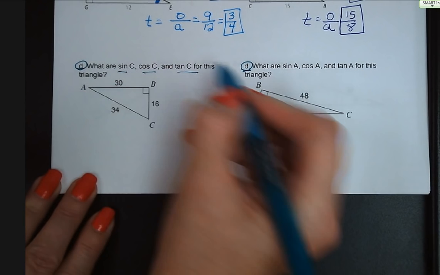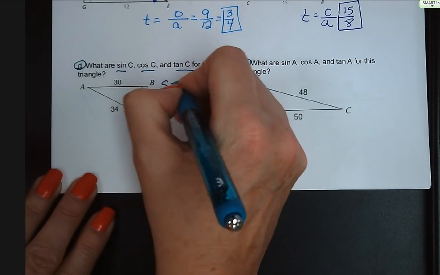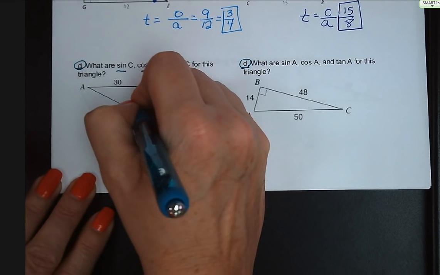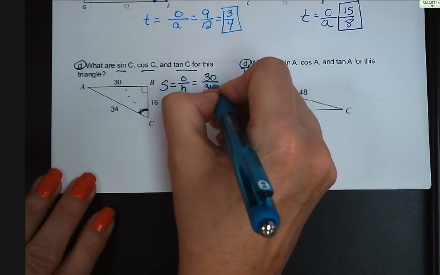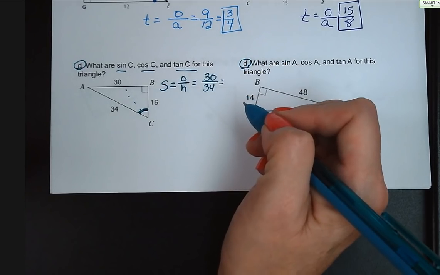So we're finding the sine, cosine, and tangent of angle C. Again, let's draw in which one is the angle we're dealing with. It's the bottom angle there. So opposite over hypotenuse is 30 over 34, which reduces to 15/17.